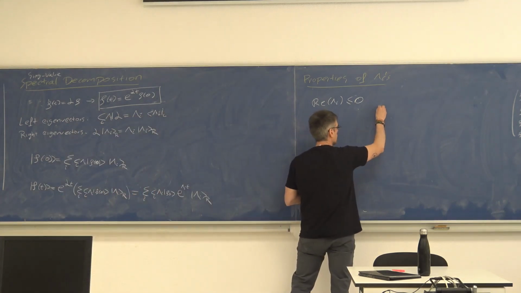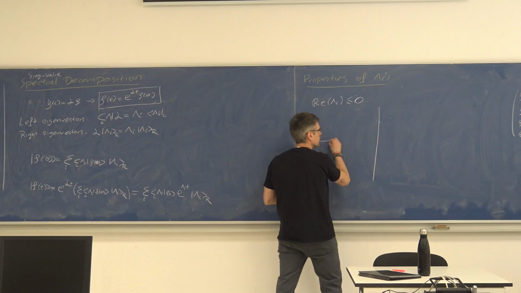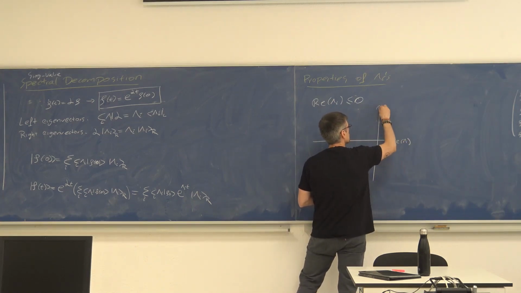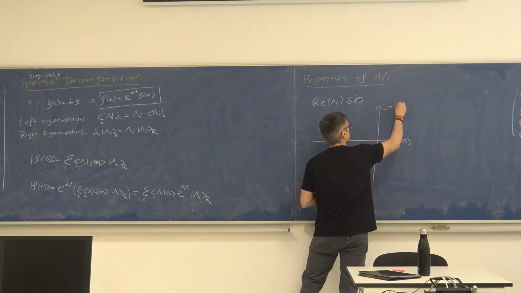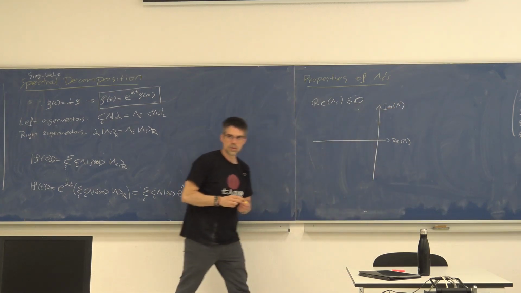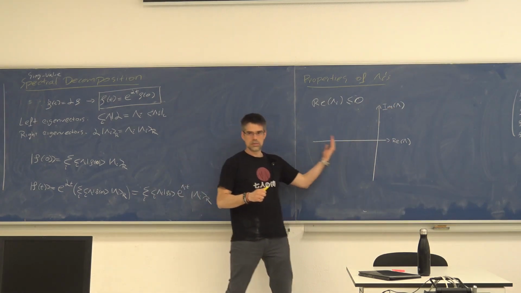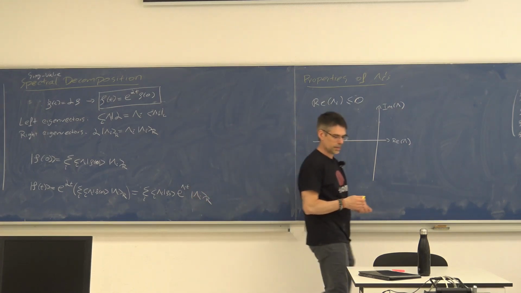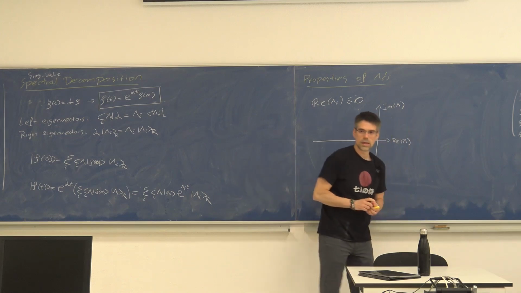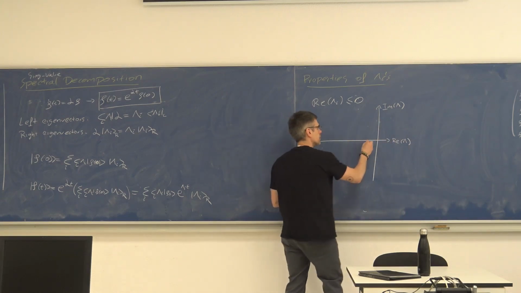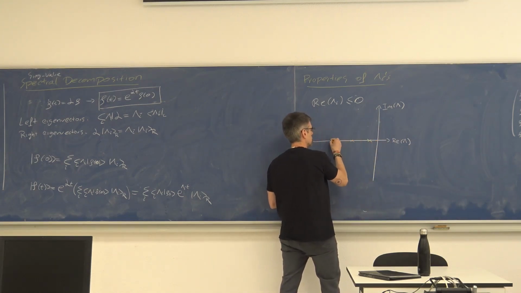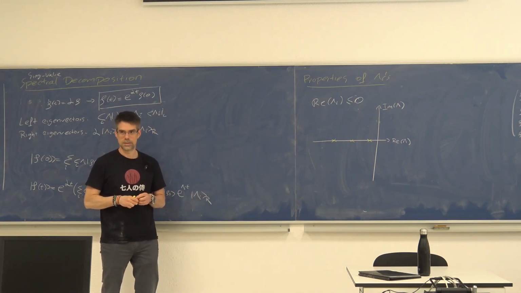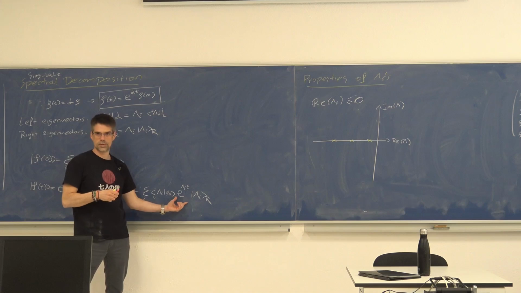So if we plot the eigenvalues, they will look something like this. These are the real parts of the eigenvalues, and these are the imaginary parts. All of them will belong to this part of the axis, and we can divide them into several kinds. For instance, if we have eigenvalues here, which are very common, what do they represent? Everything comes from this formula.